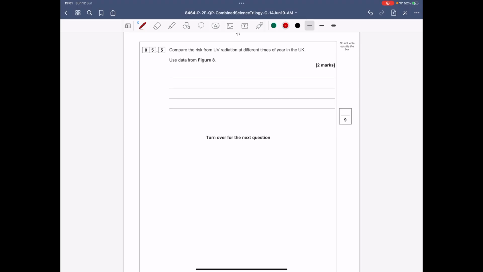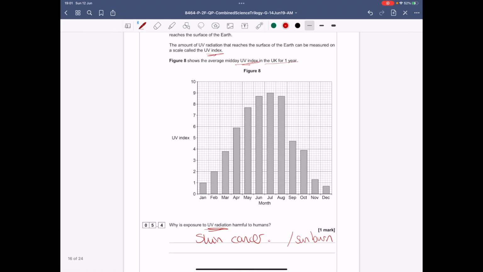Question 5.5. Compare the risk of UV radiation at different times of the year in the UK using figure 8, and you've got 2 marks. Okay, so it's saying effectively when is it the most dangerous, when is it the least, and you've got to support it with data.